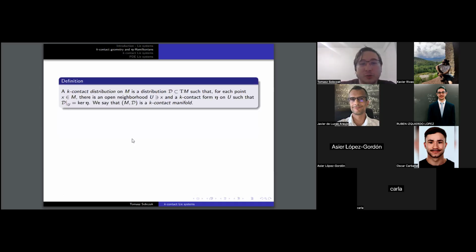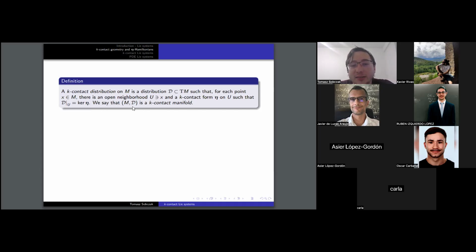So to start, a k-contact distribution is just a distribution D, as a subset of the tangent space of a given manifold M, such that for every point x, we can find an open neighborhood of x in which our distribution is the kernel of a k-contact form.